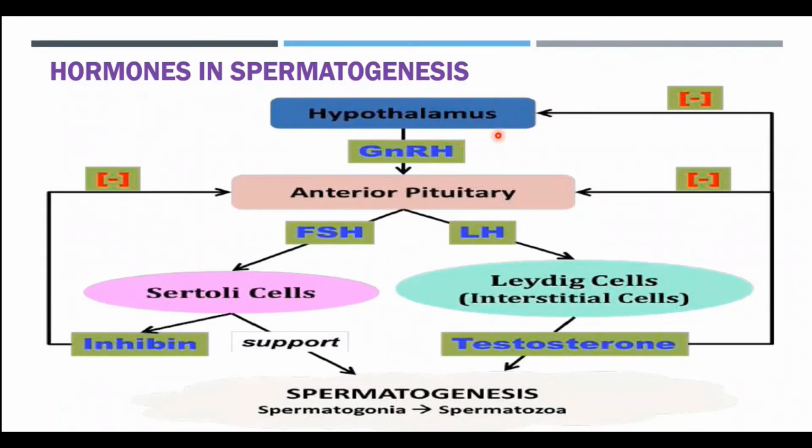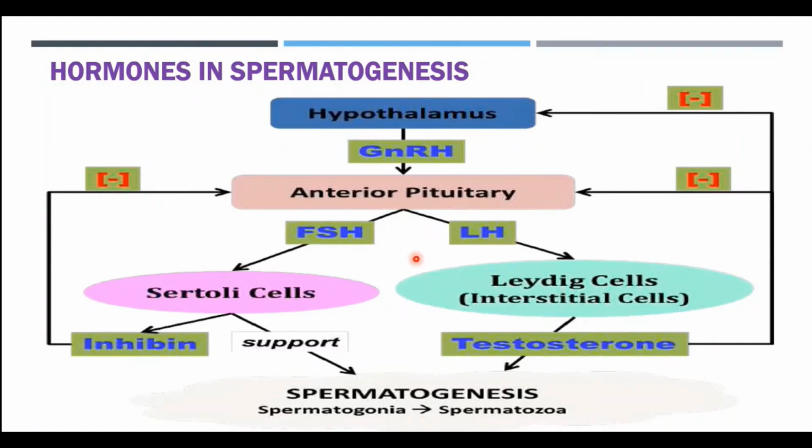The hypothalamus in the brain will be able to secrete a hormone known as the GnRH, and the GnRH will go to another gland just below the hypothalamus, also in the brain. This gland is known as the anterior pituitary gland. The anterior pituitary gland will secrete 2 hormones, the follicle stimulating hormone and the luteinizing hormone.